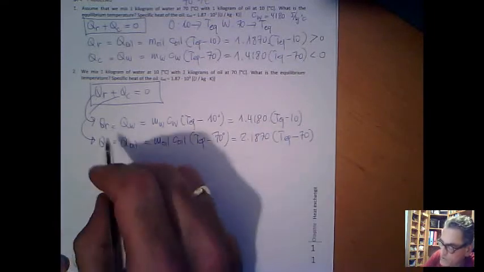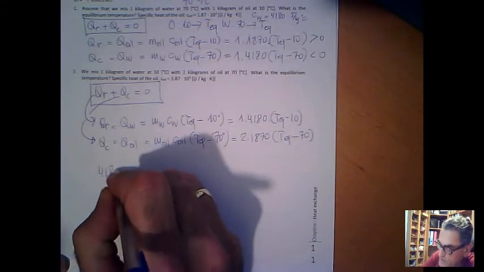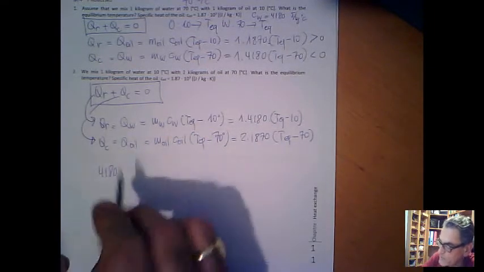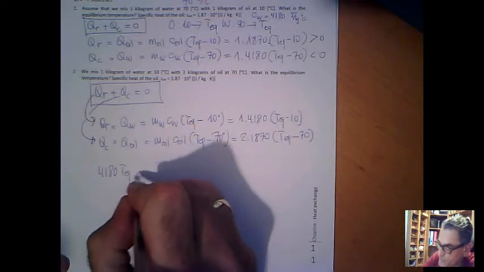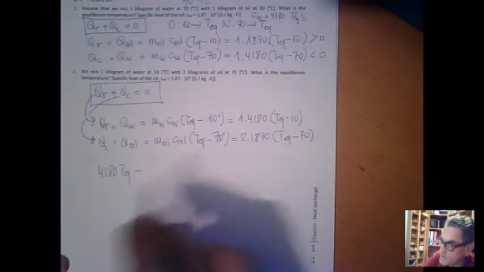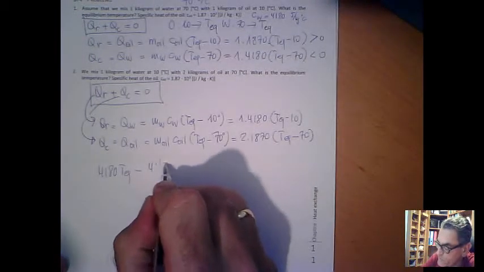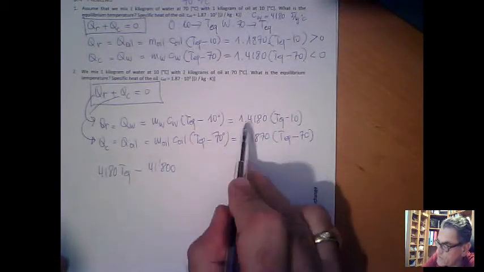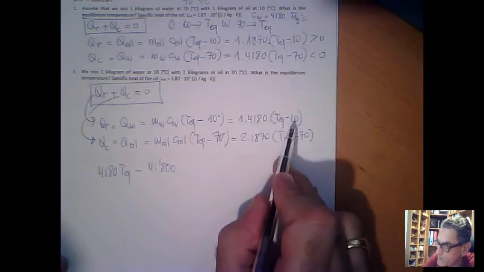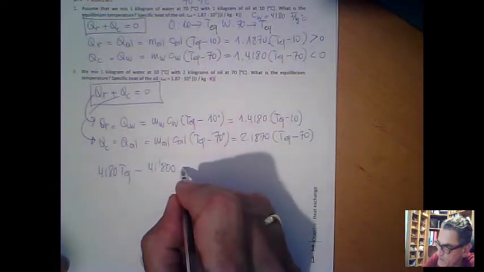So we have this term, which is 4,180 TEQ. I'm already doing the distribution, minus 41,800, which is 4,180 times 10, okay?